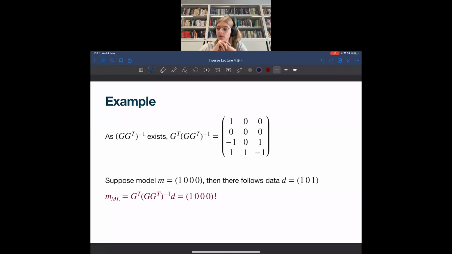And then we said, okay, we need to add some additional information. And we did this with the minimum length. So we still said we would like to solve as well as possible in this least squares sense. But within the example here, the length should please be 0. So we did the derivation once again.